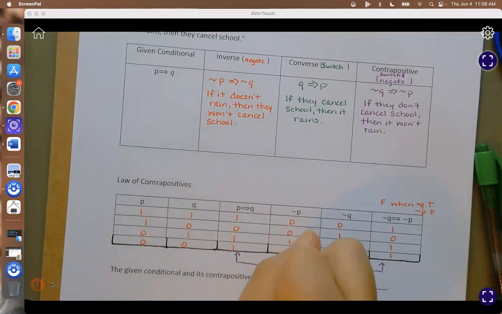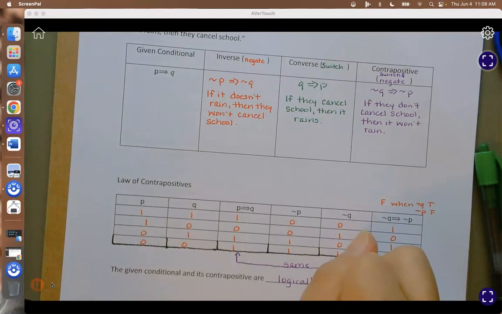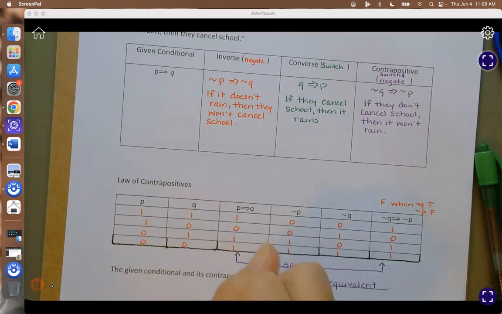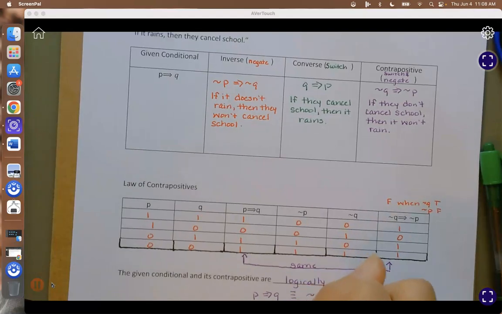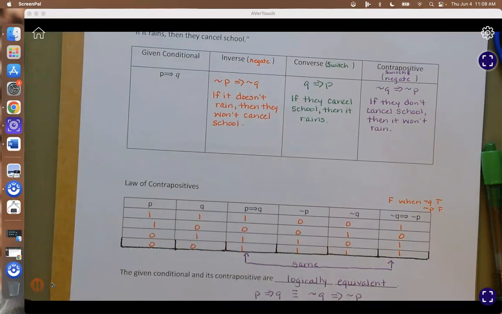So they are logically, what do we call that when they're the same? Logically equivalent. So we would say P implies Q is logically equivalent to not Q implies not P. Okay?